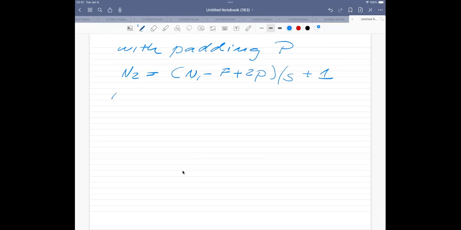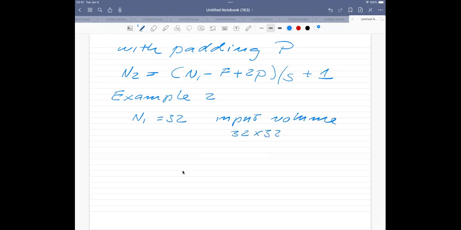So let's take another example to train ourselves a little bit and see how many parameters we need to train in the convolutional stage. Suppose now that we have N1 equals 32, and we have an input volume. So this is the image itself with colors. We could think of this as a 32 times 32 image times 3. So that's the input which we have.